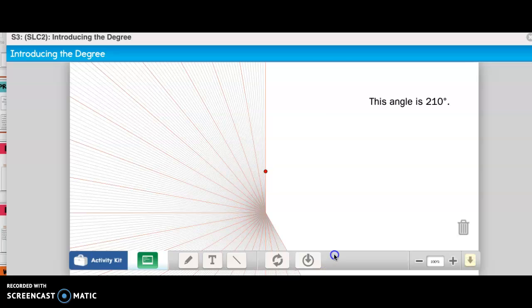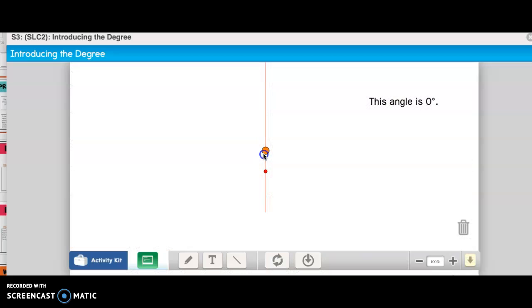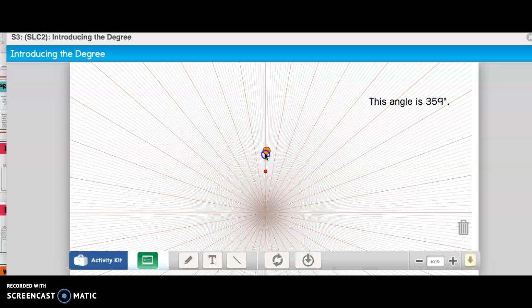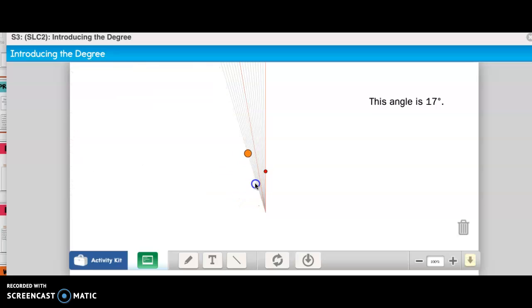If we go to 3/4 of a turn, that is 270. And then a full turn would be equal to 360 degrees. So that's how we can connect it to the angles that we talked about yesterday.